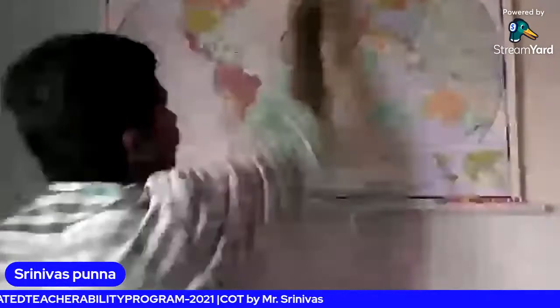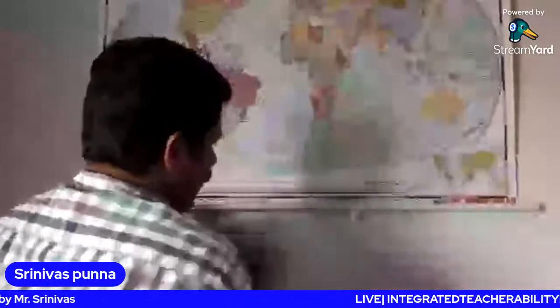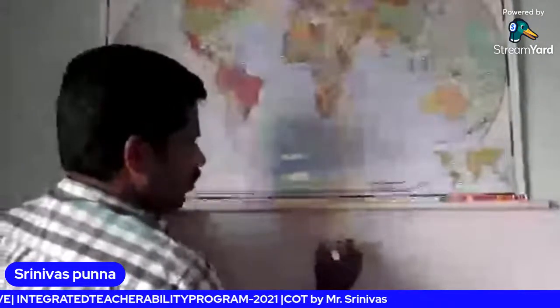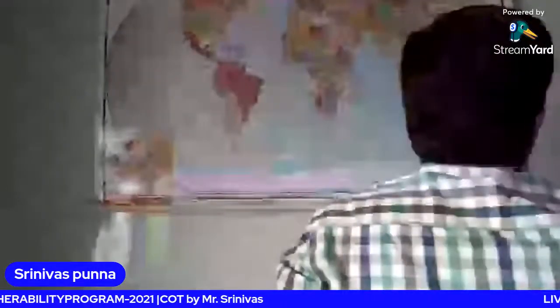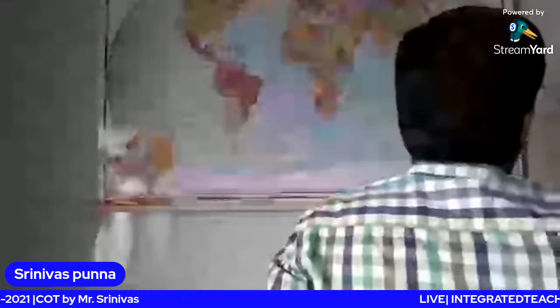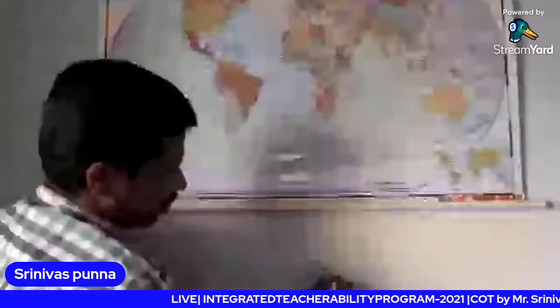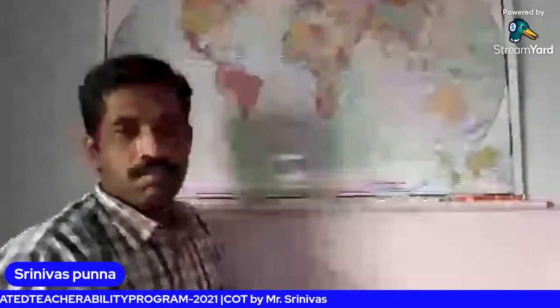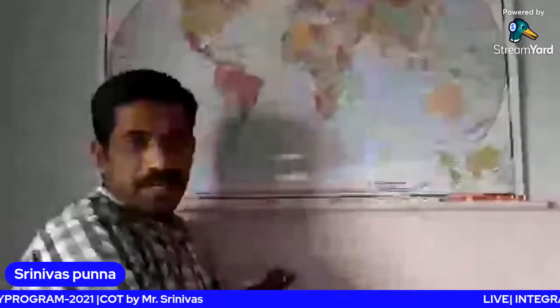Here is the 0 degree longitude, that is the prime meridian. Let us assume this is a longitude, this is a latitude, or we can say the equator. This is the equator. This is the prime meridian. This is the vertical part. This is the horizontal part. This is a line.